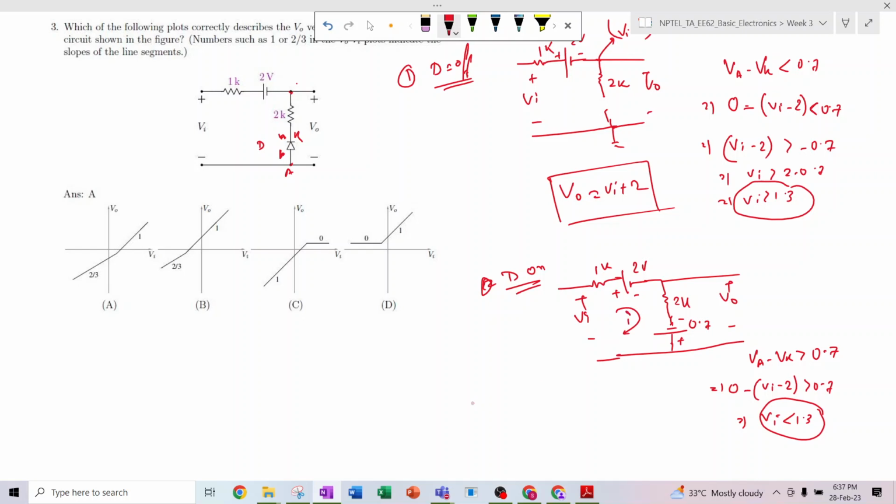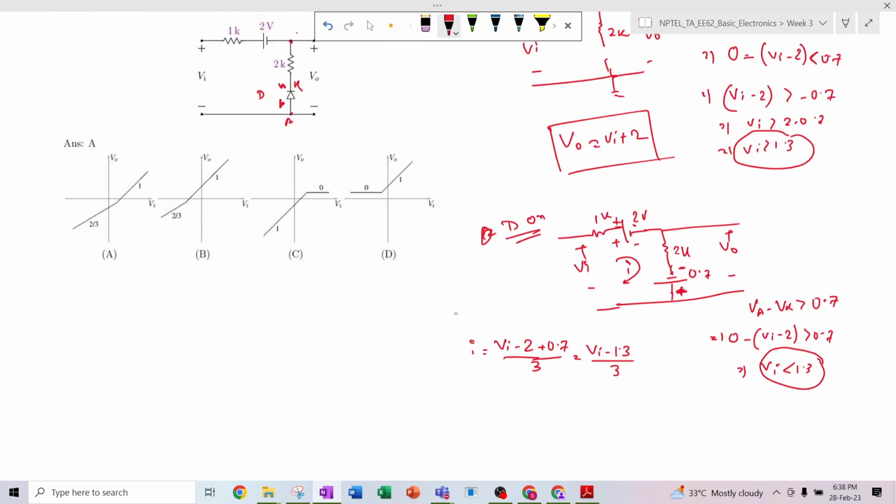The current I is basically Vi minus 2 plus 0.7, because the 0.7 is adding to the current, right? The positive terminal is on the downside, and here this is opposing the current, so this will be minus. So Vi minus 2 plus 0.7 divided by 3, that means Vi minus 1.3 divided by 3.